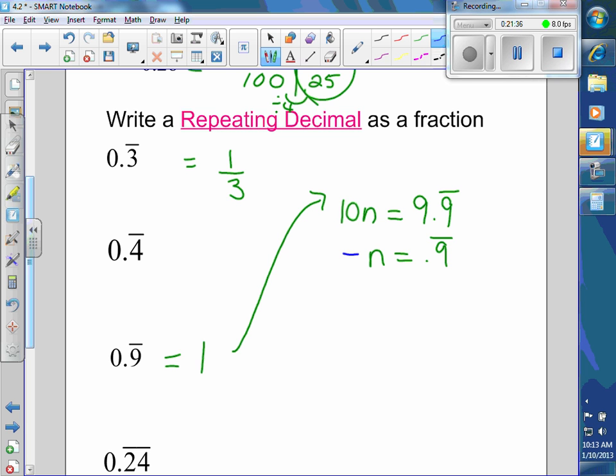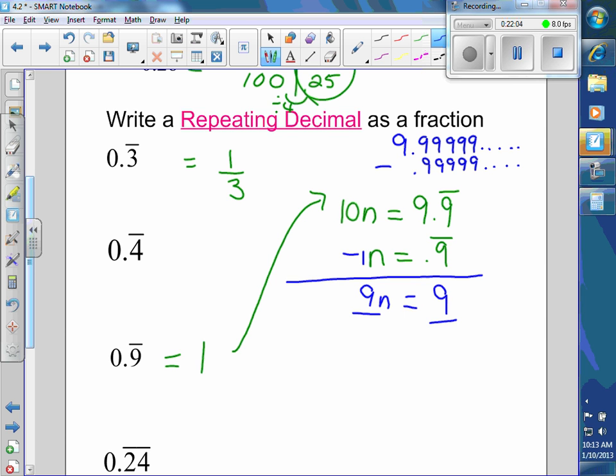Can I subtract one equation? What's 10n take away 1n? 9n. So what is 9.99999 forever, take away 0.99999 forever? It's just 9, isn't it?